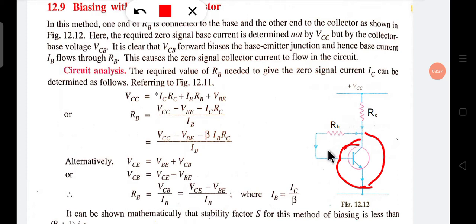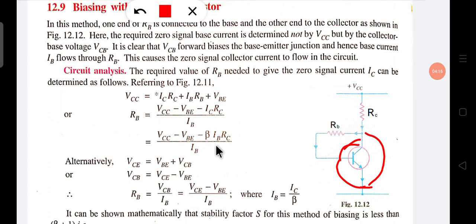From this expression we calculate VCB, and in that expression we place VCC minus VCB, and VBE, with VCB replaced by IB.